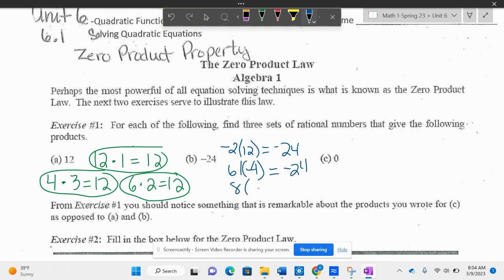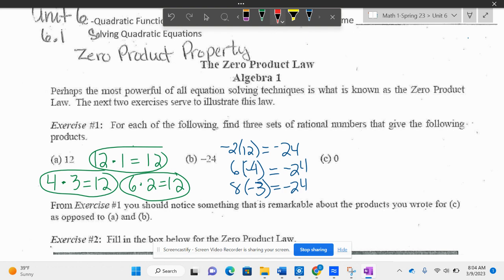And 8 times -3. So -2 times 12, 6 times -4, and 8 times -3. And again, there are other ways to do that.